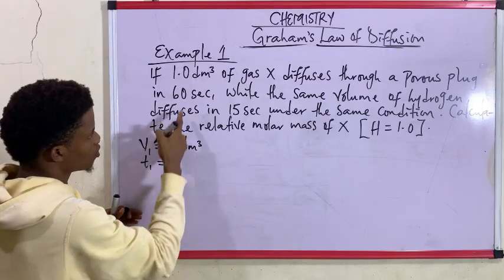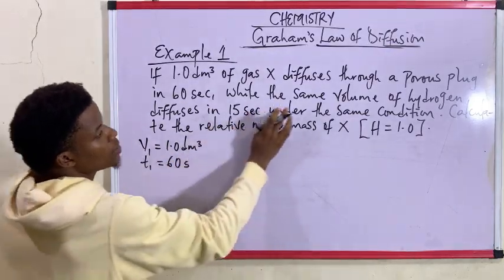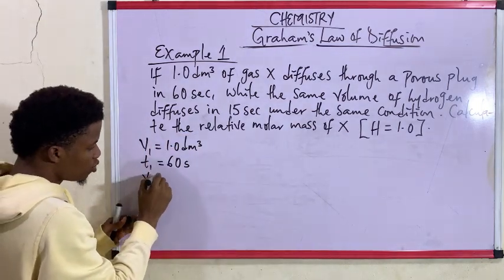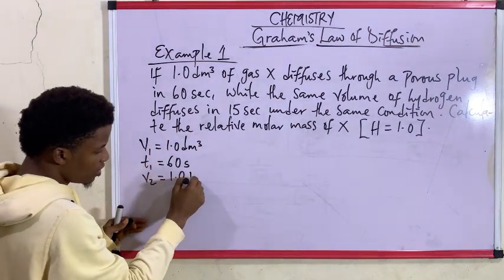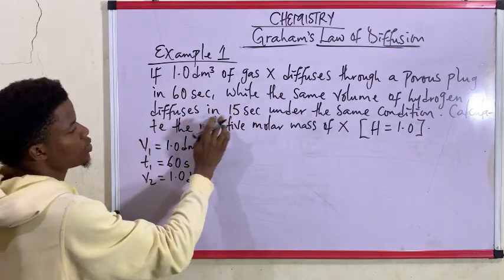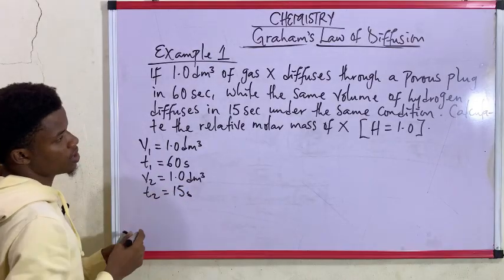Then we are given our T1, our first time. T1 is equal to 60 seconds. While the same volume of hydrogen, so our V2 is still 1.0 dm cube, diffuses in 15 seconds. So our T2 is 15 seconds.